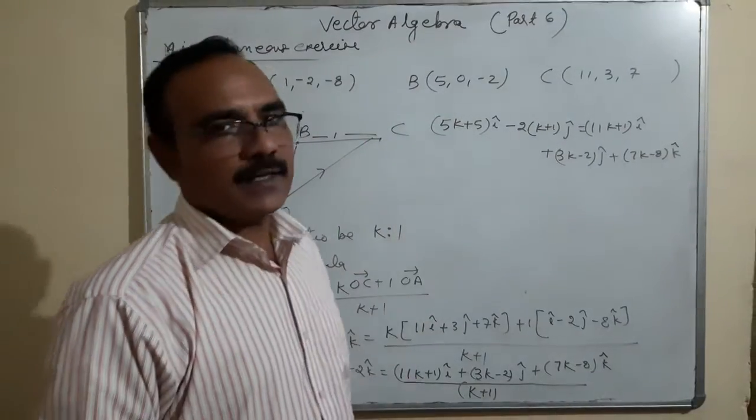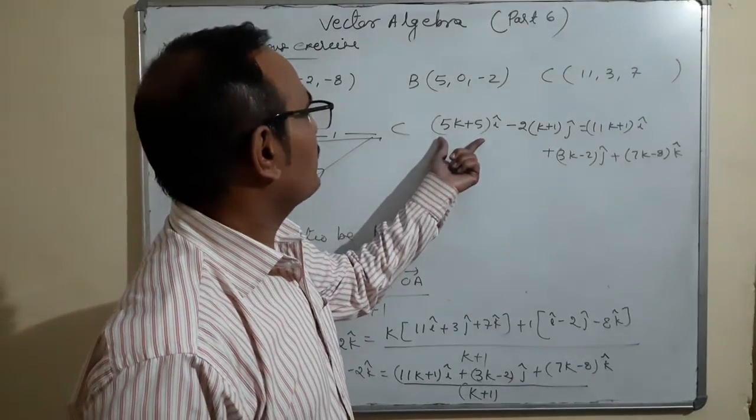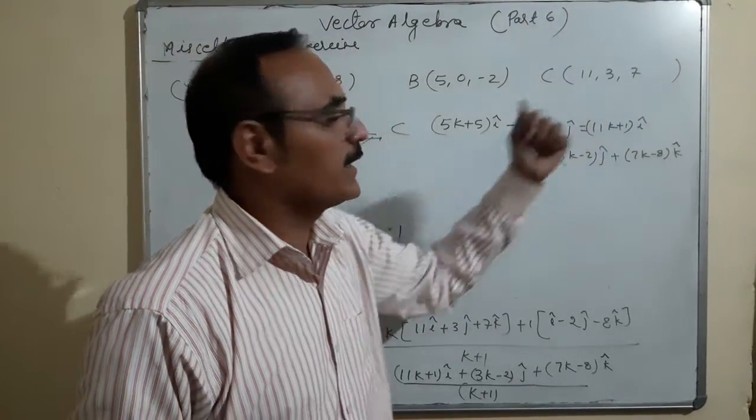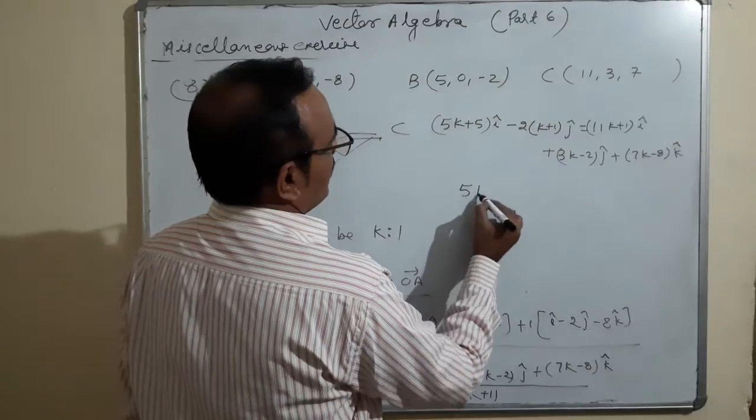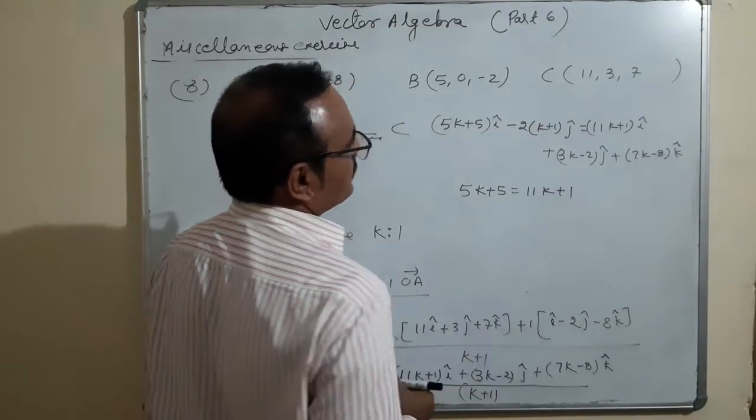Both sides we will compare the scalar components of i, j and k. So 5k plus 5 is equal to 11k plus 1.